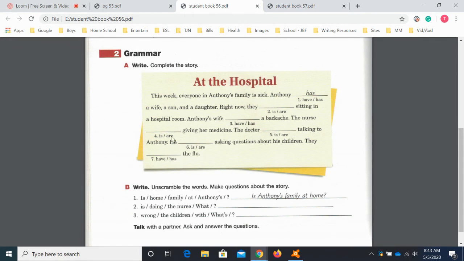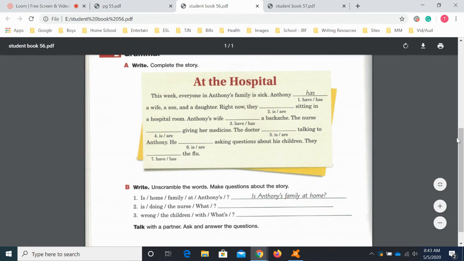The nurse is giving her medicine. The doctor is talking to Anthony. He is asking questions about his children. They have the flu. So yeah, everybody is sick.